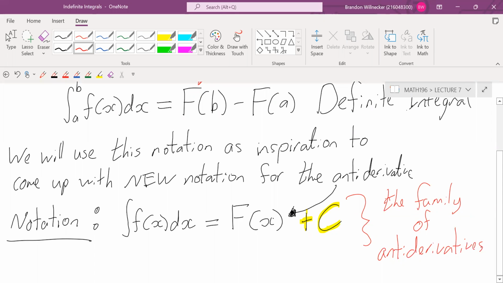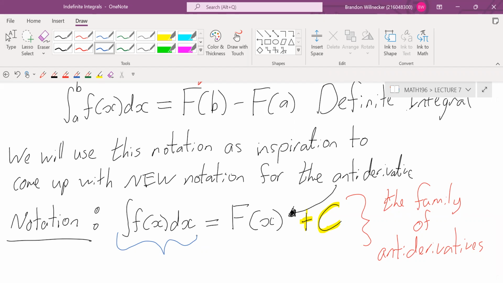Okay. Are there any questions about this new notation that I'm introducing? Okay, so all this funny stuff on the left-hand side here is just notation for that capital F function.